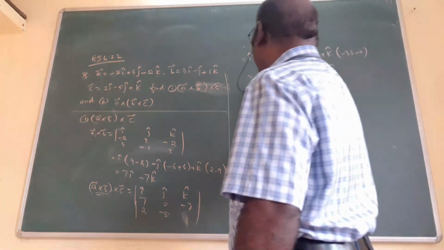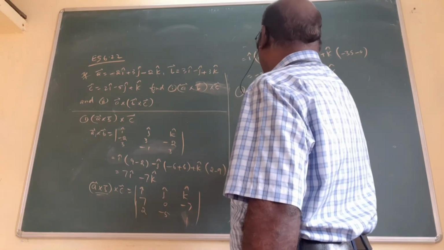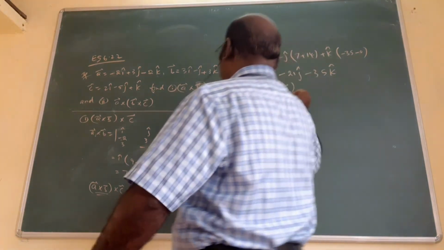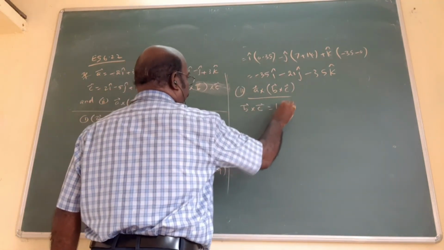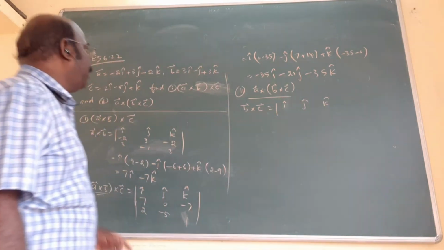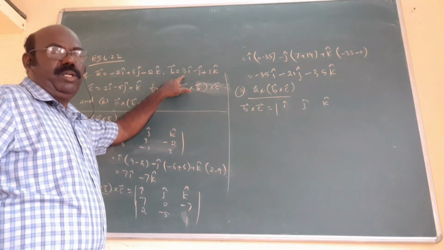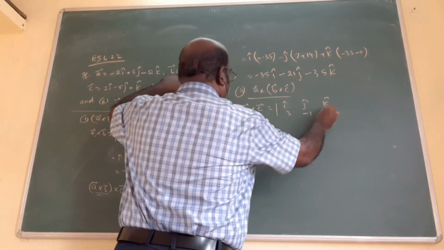In the second part, A cross (B cross C), you know. First find B cross C, the same thing. i cap, j cap, k cap. Now for B cross C, consider B, the coefficients of i, j, k in B: 3, minus 1, 3.